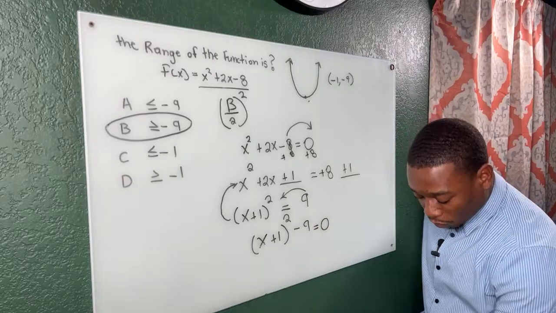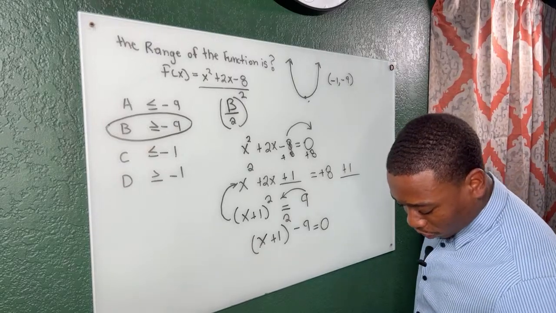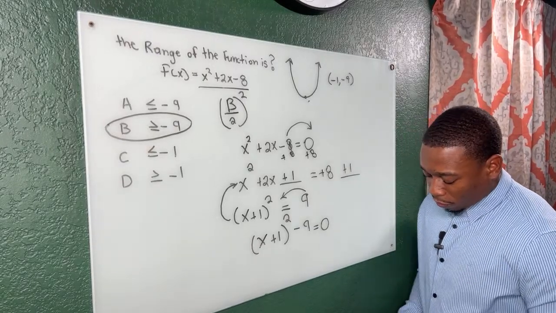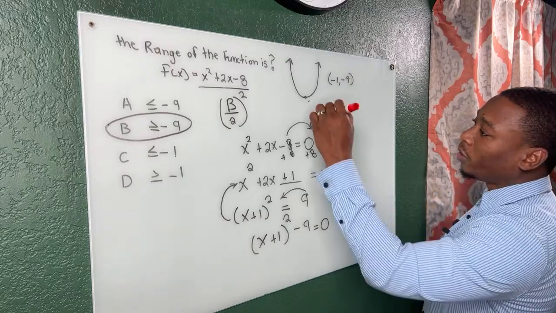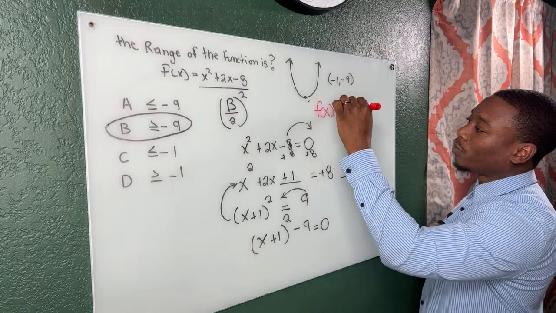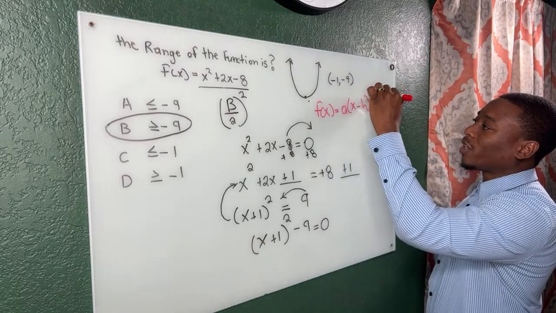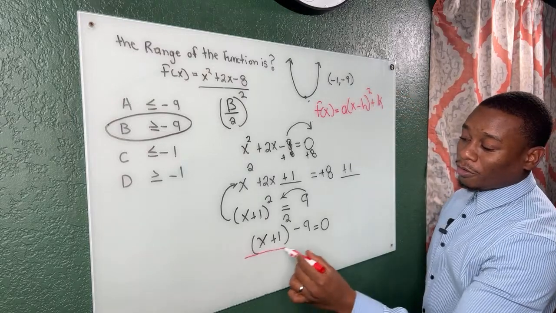So when we go over to vertex form, let's just switch colors real quick so this sticks out. Vertex form, right? We're dealing with f of x is equal to a times x minus h squared plus k. This is the same format, basically.